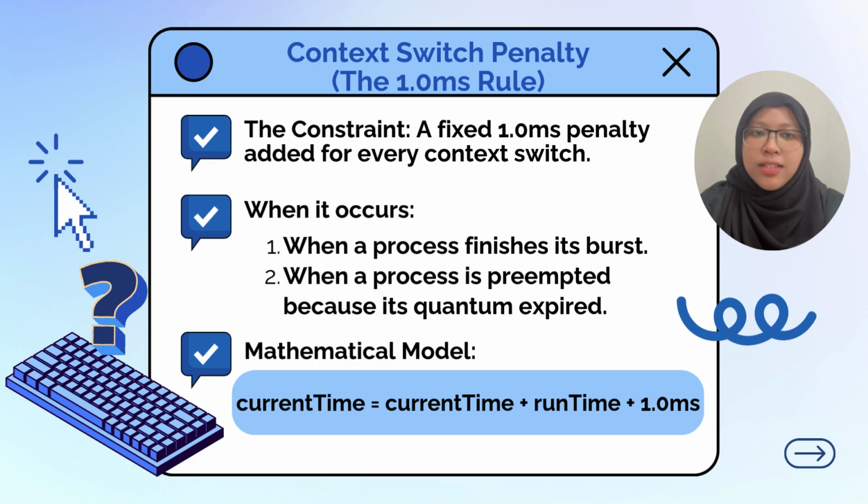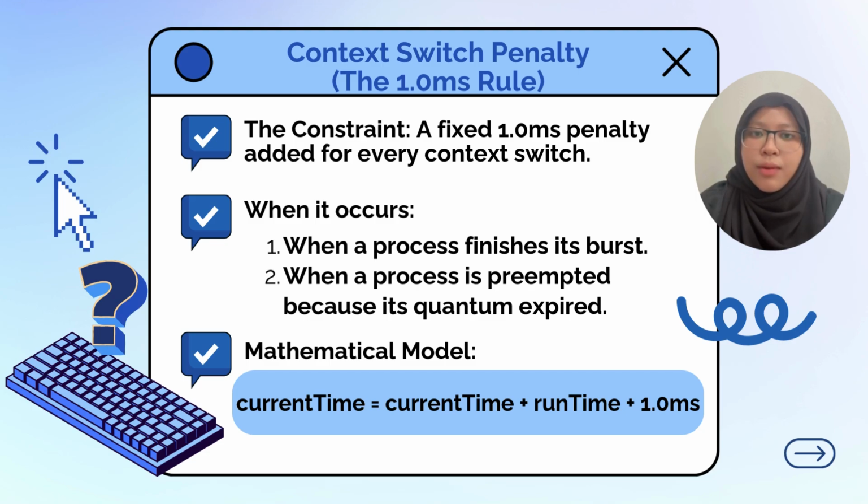To model this, we update the global system time using the formula shown on the slide: current time equals current time plus execution time plus 1.0 millisecond. This approach allows the simulation to accurately capture the CPU time loss due to context switching and forms the basis of our performance analysis.